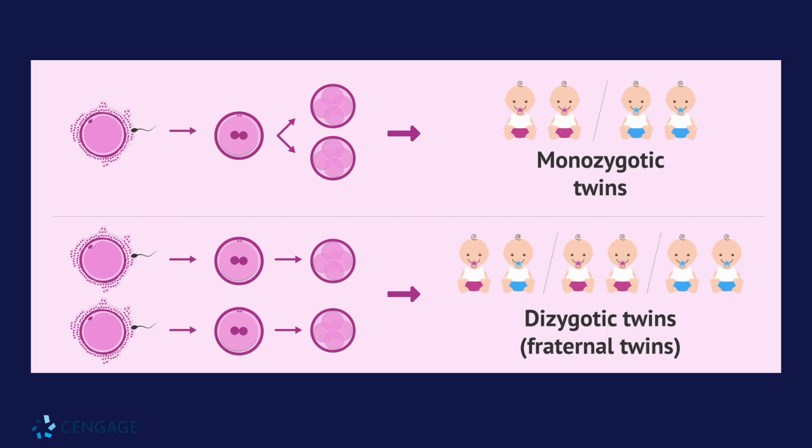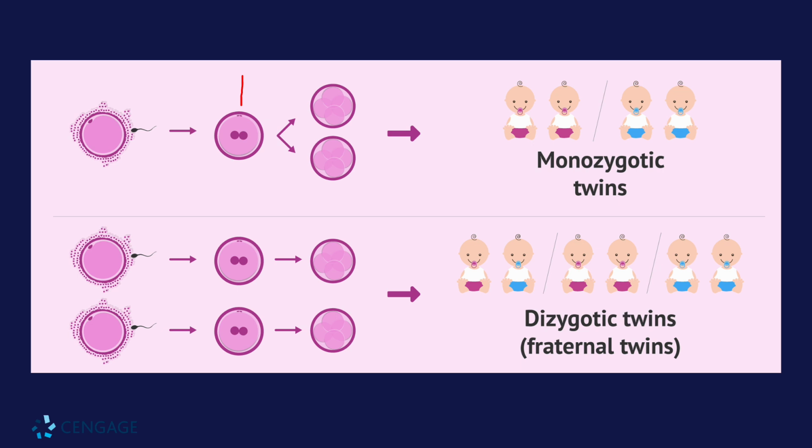Based on this picture or this illustration, we can clearly see the difference between how monozygotic twins or identical twins are produced versus how dizygotic or fraternal twins are produced. For monozygotic twins or identical twins, we only have one fertilized egg.